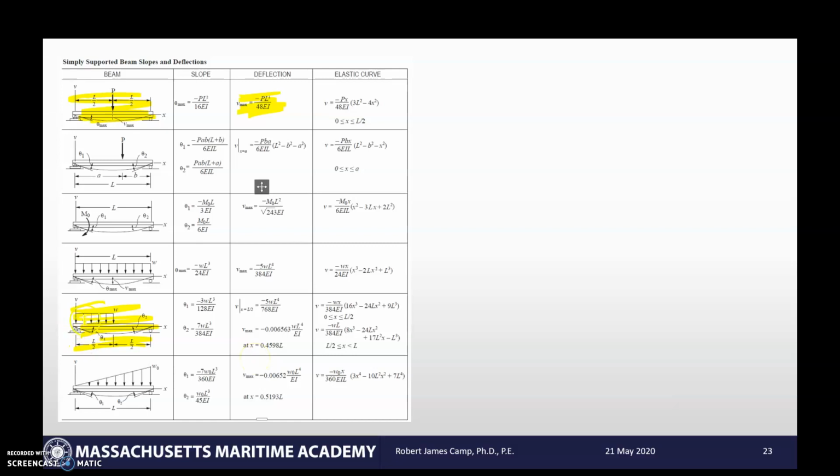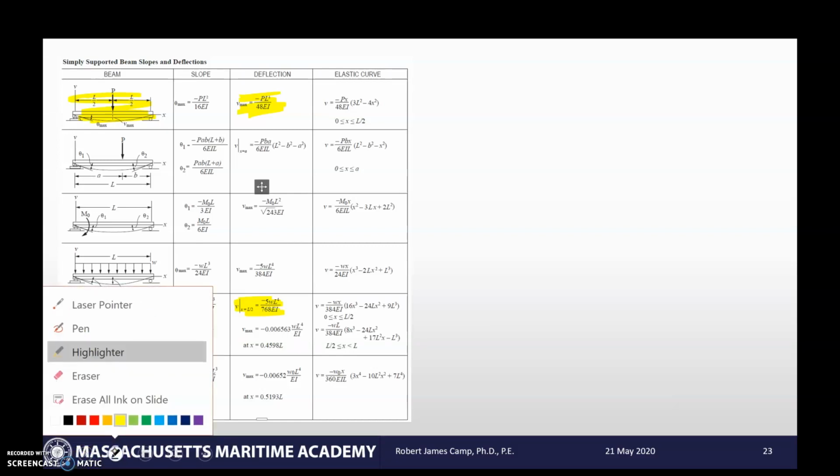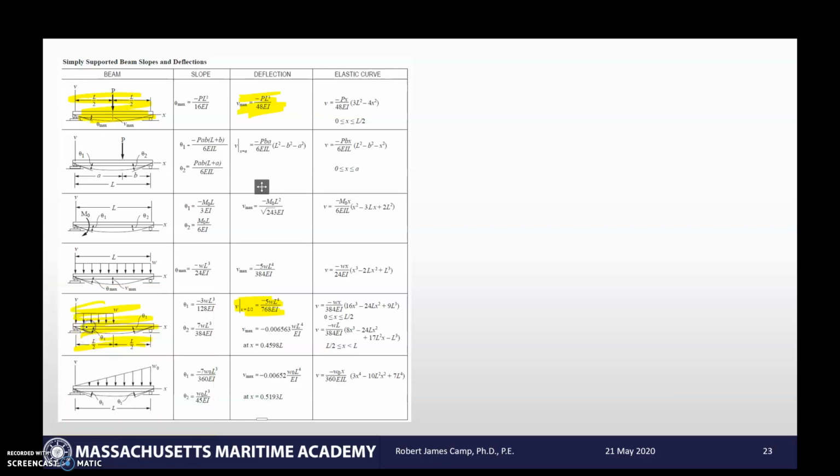For the distributed load on the first half, you'll notice that the maximum deflection is listed not at half. It's actually at 0.4598 times L. But they do list right here what the vertical displacement is going to be at x equals L over 2, so right in the middle. Because typically they know that that's what you're looking for, what's going on in the middle.